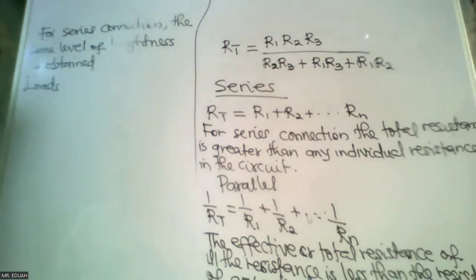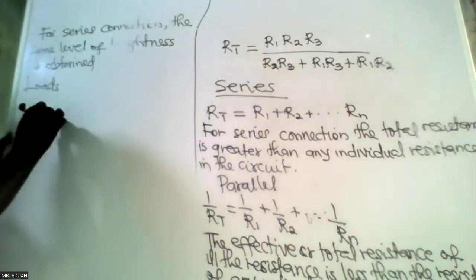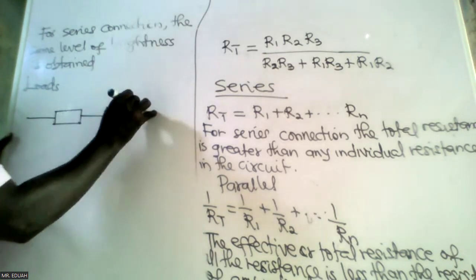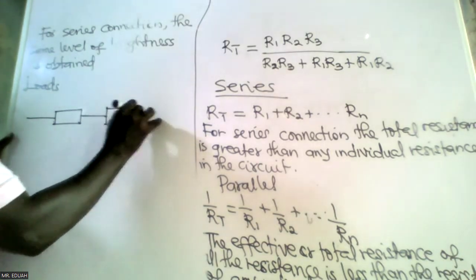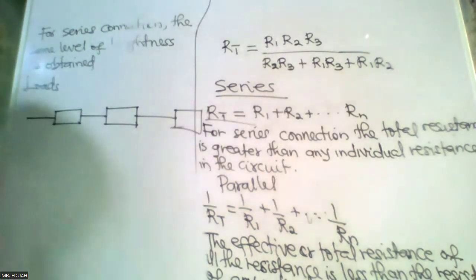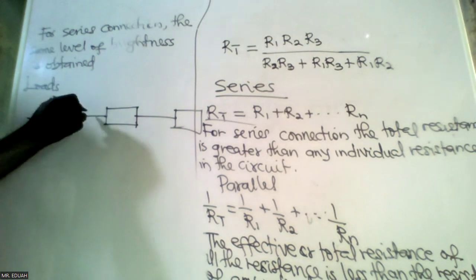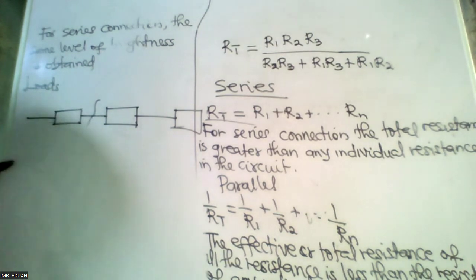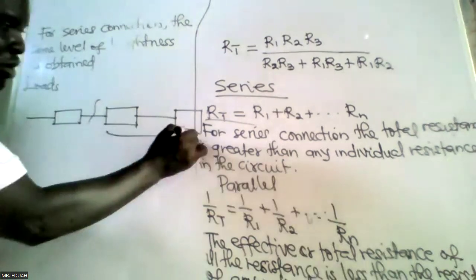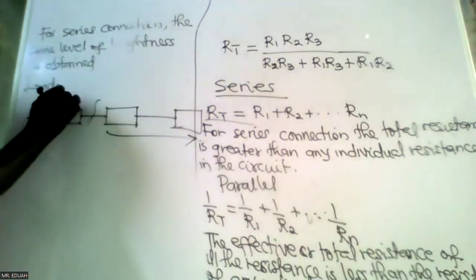The other disadvantage is that, look at the series connection. The moment there's a problem, a fault in one, maybe there's a break in this wire conductor, all these will not be able to work. Only this one would work.